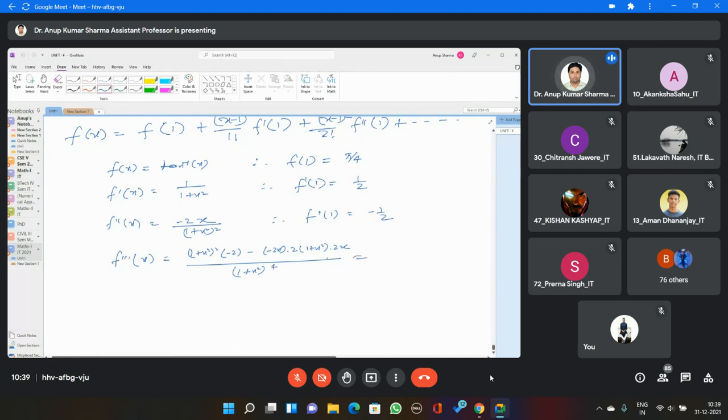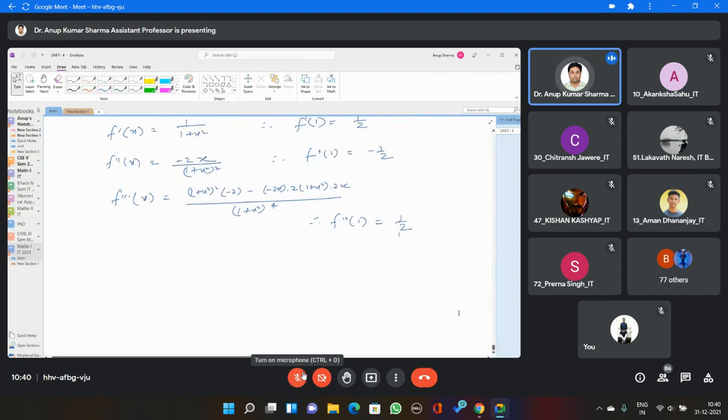After simplification, when you put the values, f triple dash of 1 is again 1 by 2 something. If possible, don't make it too lengthy, just go up to 3 or 4 terms.